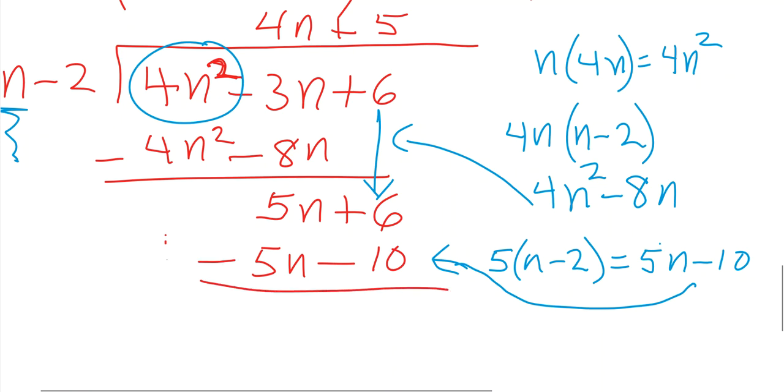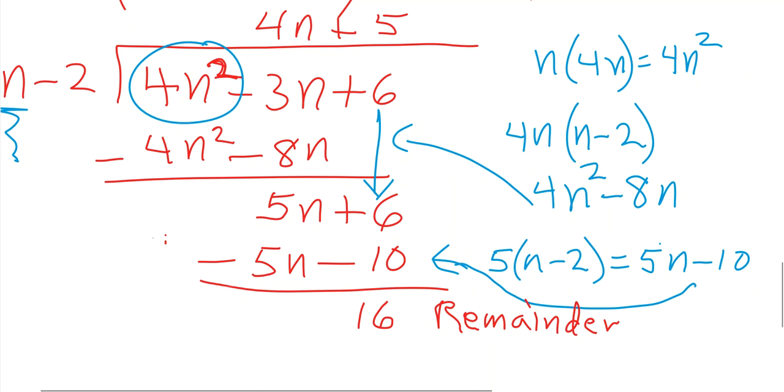And we subtract. 5n minus 5n, nothing. 6 minus a minus 10 is 16. That's our remainder. Okay, 16 is our remainder.